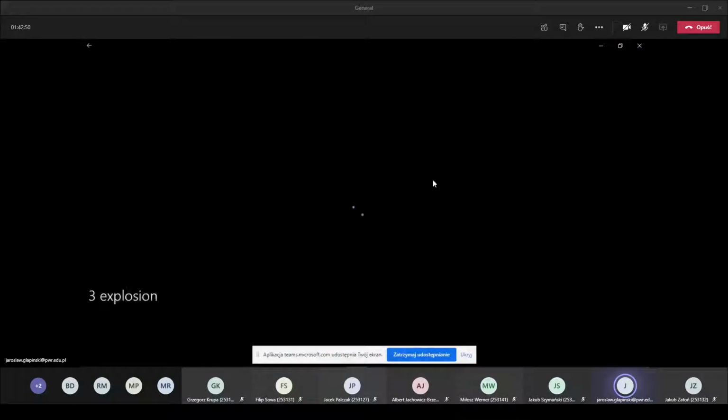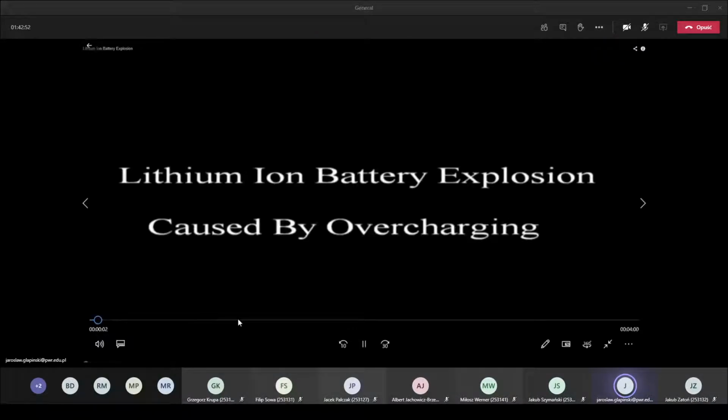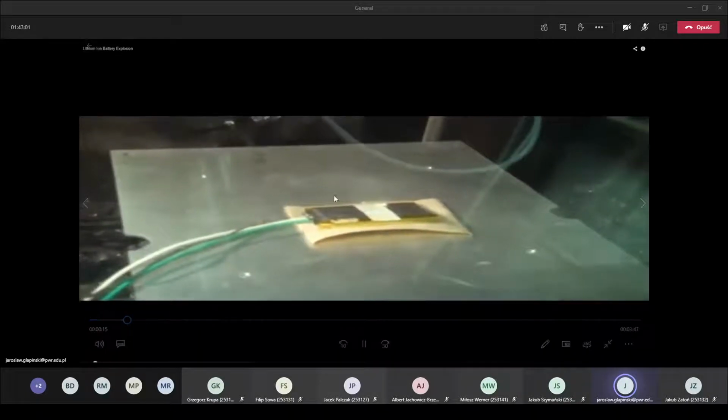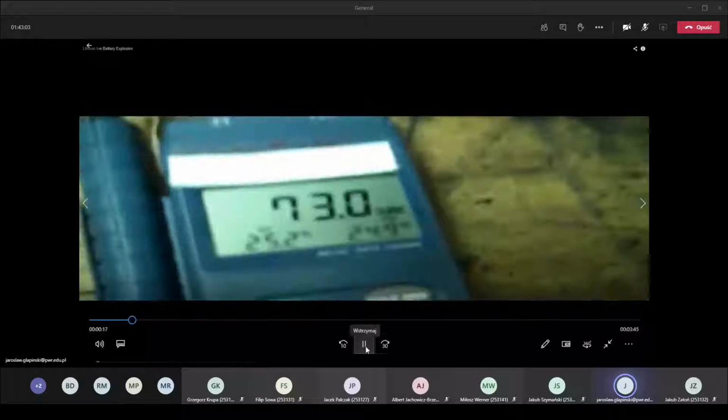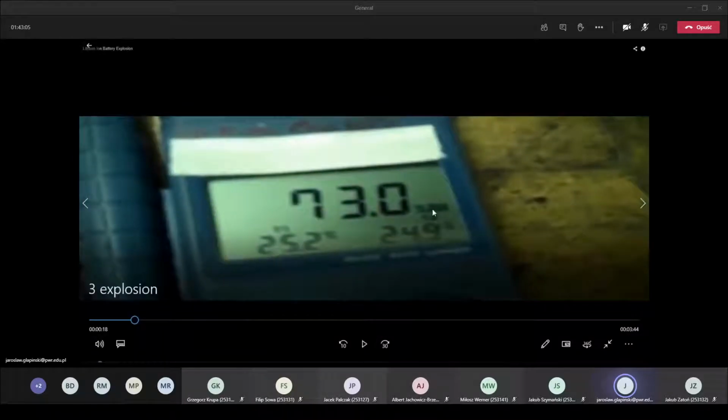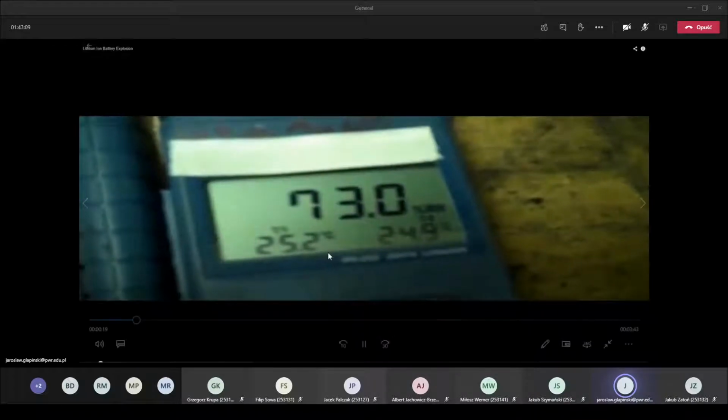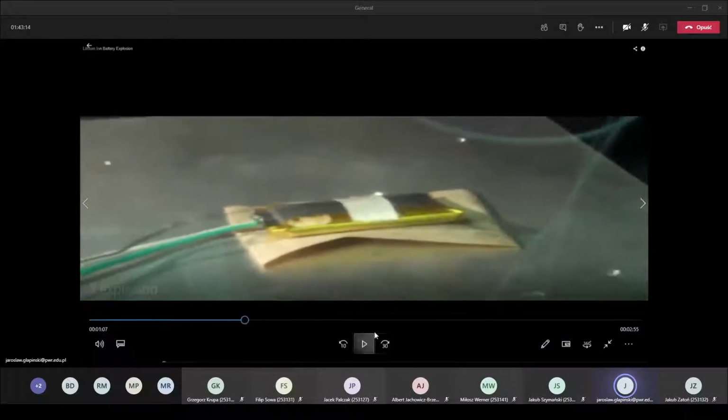This is an example of how lithium-ion batteries explode. This is a typical battery. We charge it, I don't know what the current is, never mind. Okay, if you can see now, higher pressure appears inside the batteries and the cover will blow.